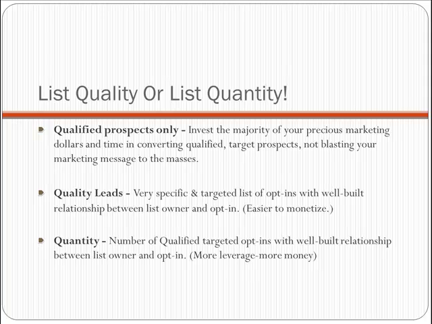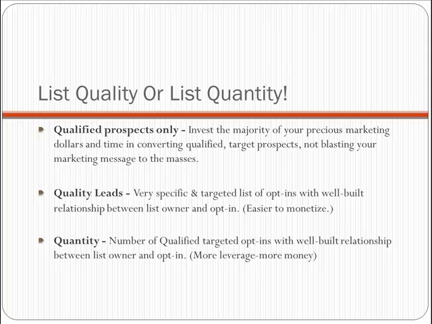If a JV partner gives you a promotion and you send it out to your list and it's not that targeted of a list, and you don't make a lot of sales, that really doesn't help you in the leverage department. But with a good amount of quality leads, if you send that promotion out and it really converts well because it was well targeted, they're going to see you as somebody that can do some major damage for them and really generate some income.